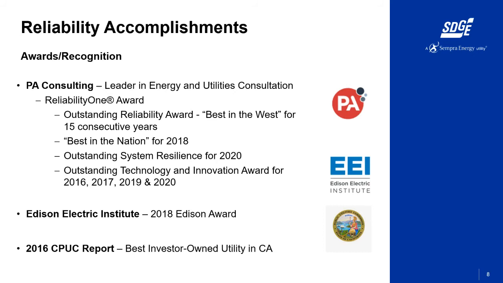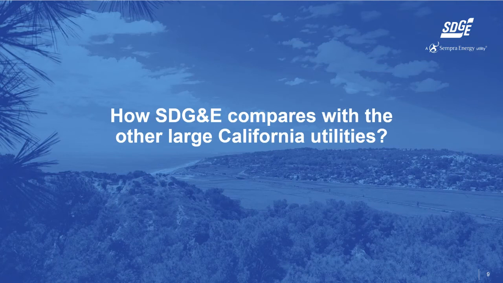In 2018, we were fortunate to get the Edison Electric Institute, the Edison Award. Edison Electric Institute, EEI, is an organization of investor utilities in the United States. And also SDG&E was stated as the best investor-owned utility in California in a 2016 CPUC report.